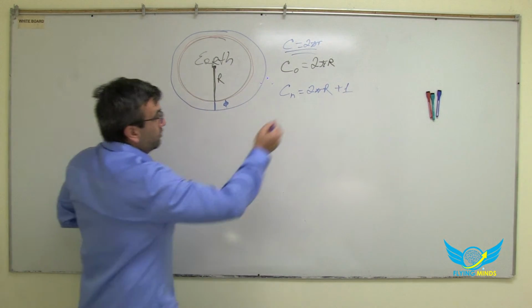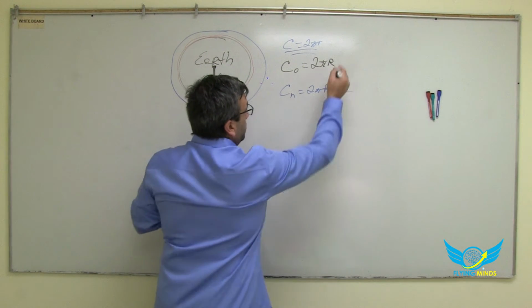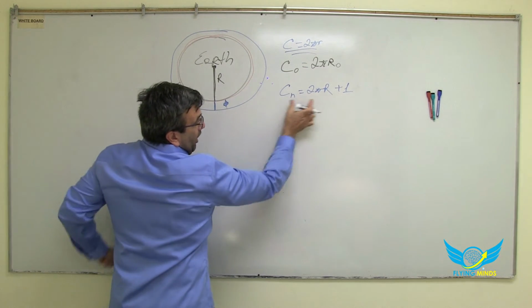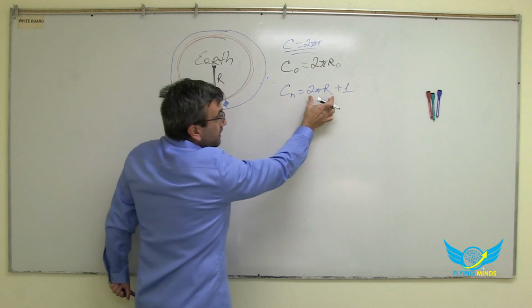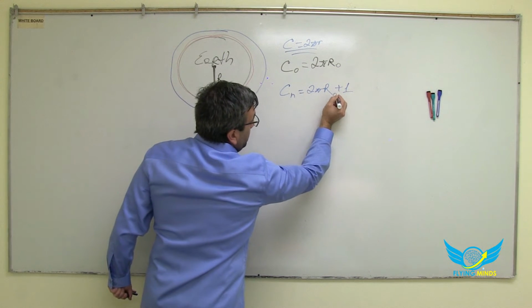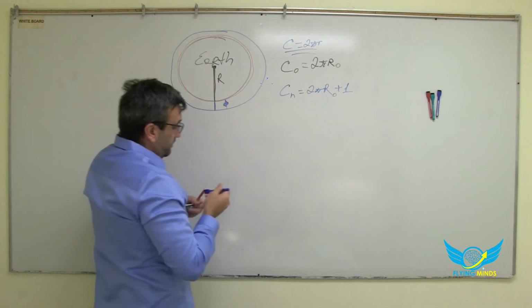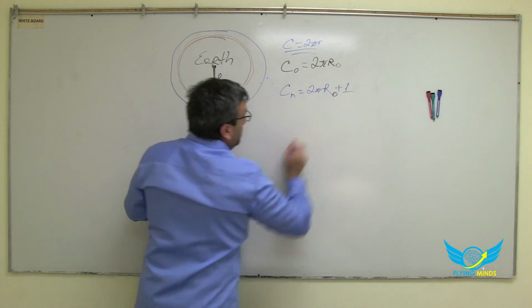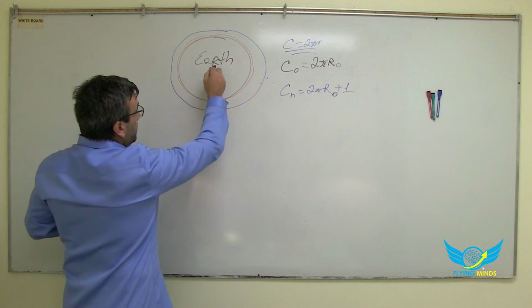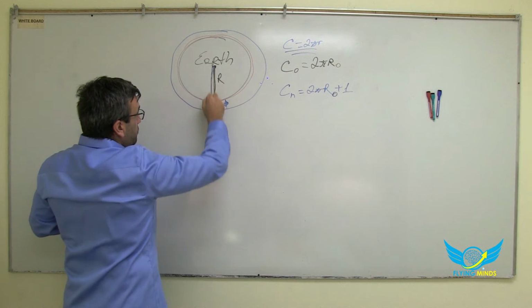And let's mark the radius R0, original. So the new circumference will be 2 pi R0 plus 1. What we want to figure out is this radius, the new radius.